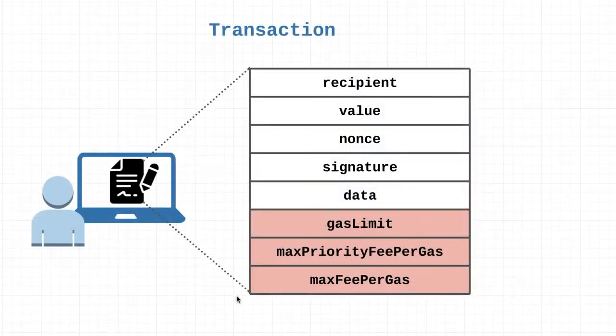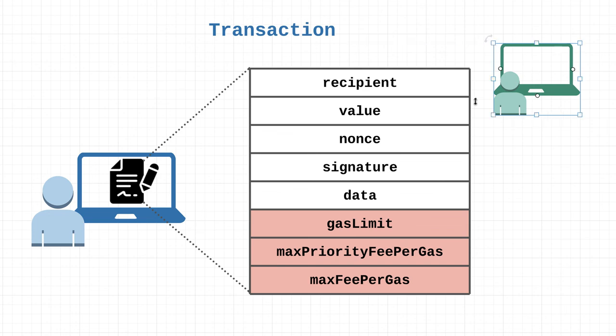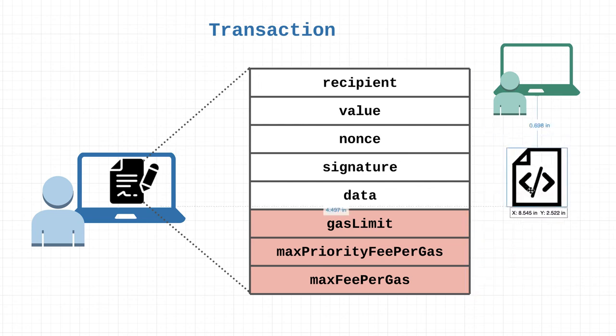All right, so now that we have a basic understanding of what a transaction is and what they're used for, let's go ahead and dive in even deeper and take a look at some of the fields that are included in these transactions. So the first thing that we're familiar with is the recipient of the transaction. Now, the recipient of a transaction can either be another EOA, which you can just think of as an individual, a human, or, as we said, a smart contract.